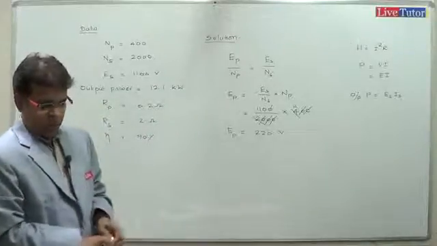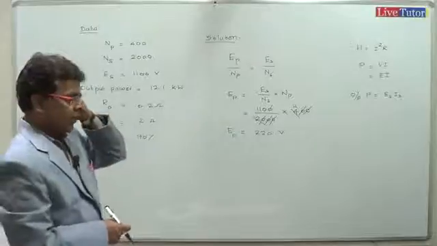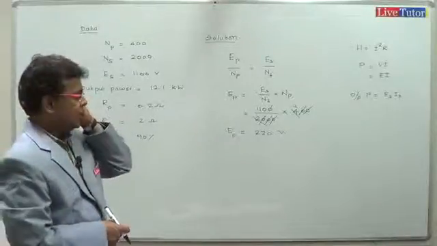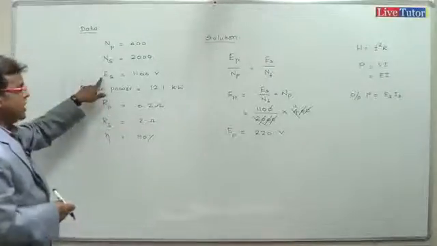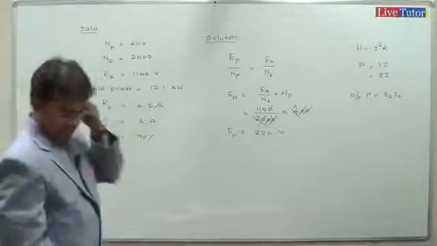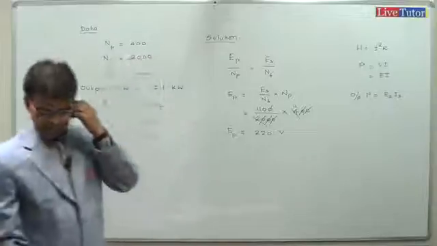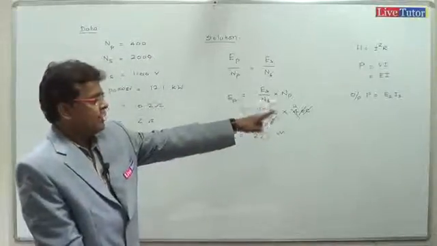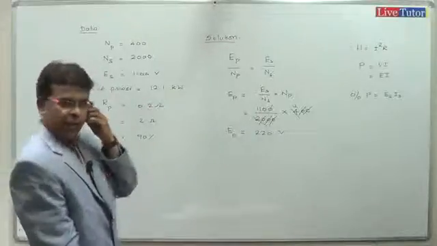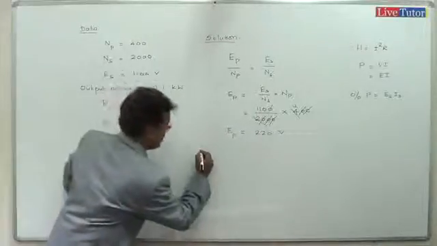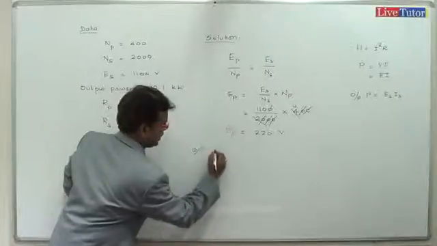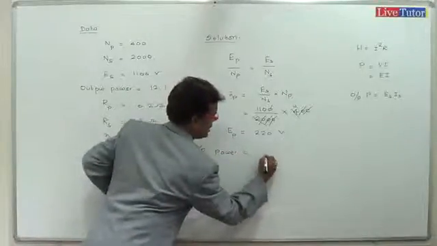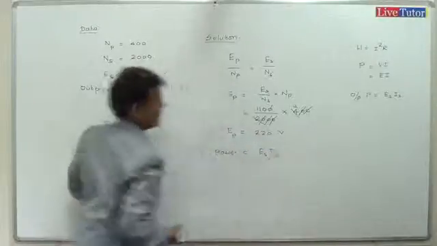Next, how to find out the power output? I told you already: ES IS. ES is there; now how to find IS? Using this value we find IS. Output power is equal to ES IS.